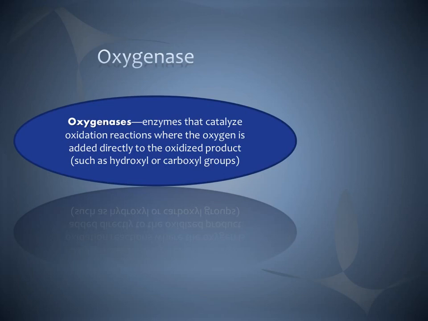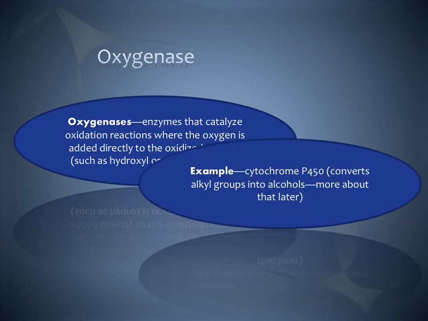And so it's called an oxygenase. Okay. So Cytochrome P450 are technically oxygenases, even though it wasn't in its name. That's the classification for it because it takes an alkyl group, as I just mentioned, and converts it into an alcohol.